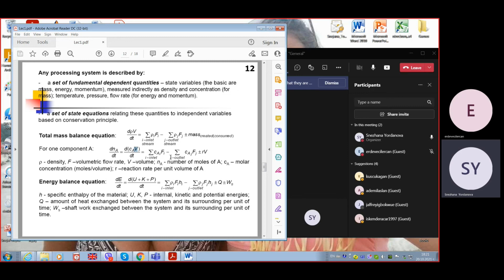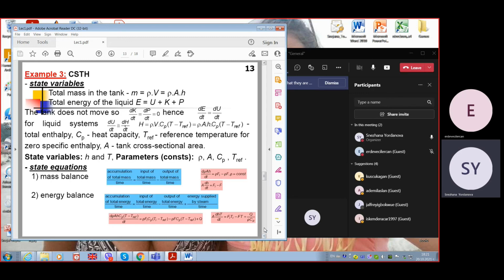The disbalance of these flows actually gives us accumulation of liquid and influence on level in the tank.